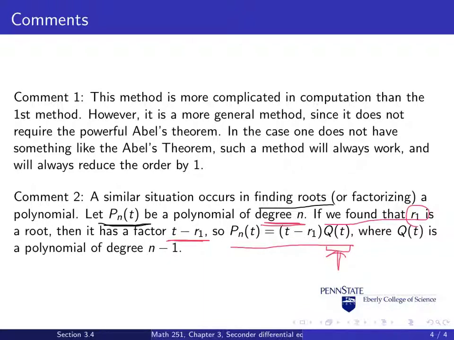This q is a polynomial of degree 1 less than that of the original polynomial. So by knowing one root, you could reduce the degree of the polynomial by 1 and find the rest.